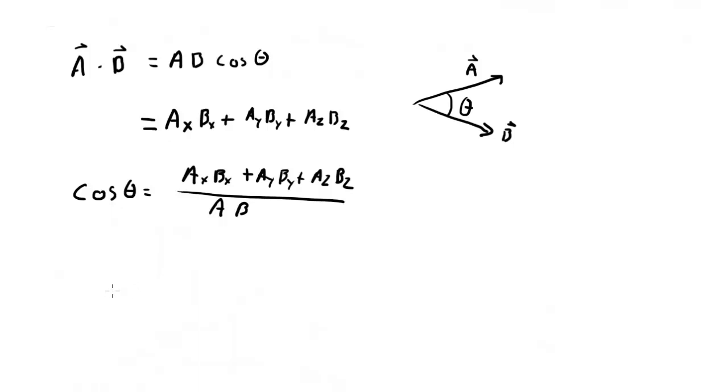The dot product can also be used to find the component of a vector parallel to a given direction. For example, if we have vector A and we want to know what component of that vector is parallel to this direction, which we'll call B. So this is not a vector, this is just a direction at this point. So we want to decompose A, but the only thing we care about is the piece of A that points in the B direction, right?